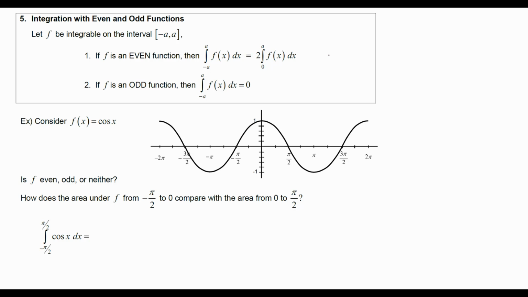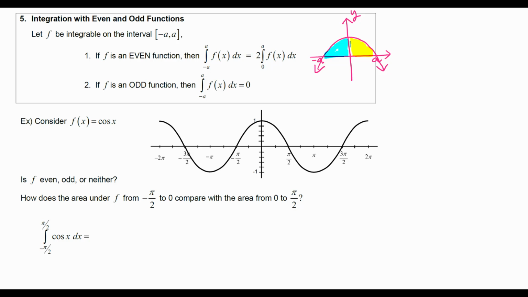That's because just imagine you have an even function. Even functions are symmetric with respect to the y-axis. Let's say this is -a to a. Because it's symmetric with respect to the y-axis, this definite integral from -a to a will give me area. And you can see that the area from 0 to a is the same as the area from -a to 0, because it is symmetric with respect to the y-axis.